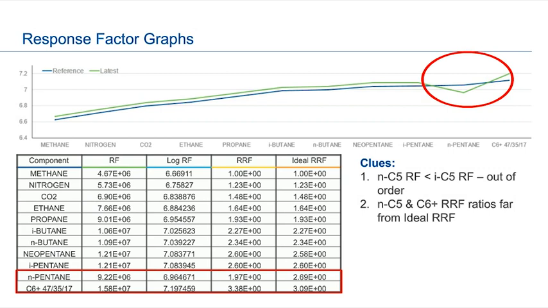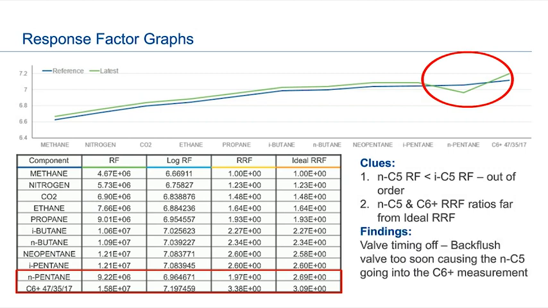Well, if I pull up the chromatogram as well as know my flow diagram, so it's not just having your final calibration report, but some other documents as well. And so knowing my flow diagram, and I know when my backflush valve switches, it's really separating the pentanes from the C6. I'm backflushing my C6 out. If that valve switching happens too soon, my pentane is not able to fully get out of column 1 before I start doing the backflush.